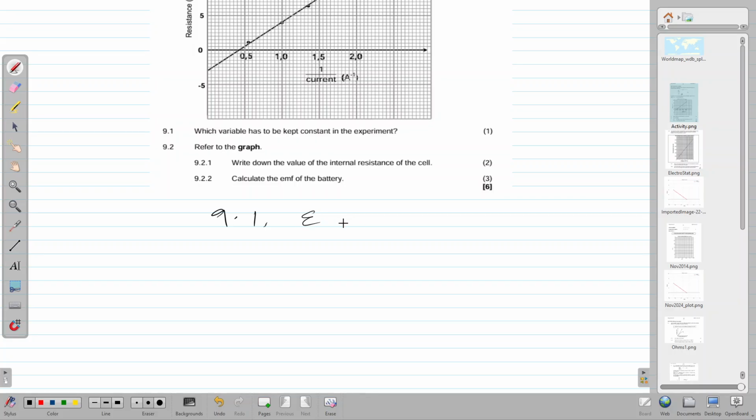The variable that must be kept constant during the experiment is the EMF and also the internal resistance, or let's just say the battery itself. It must be kept constant. And then 9.2, refer to the graph to write down the internal resistance value.